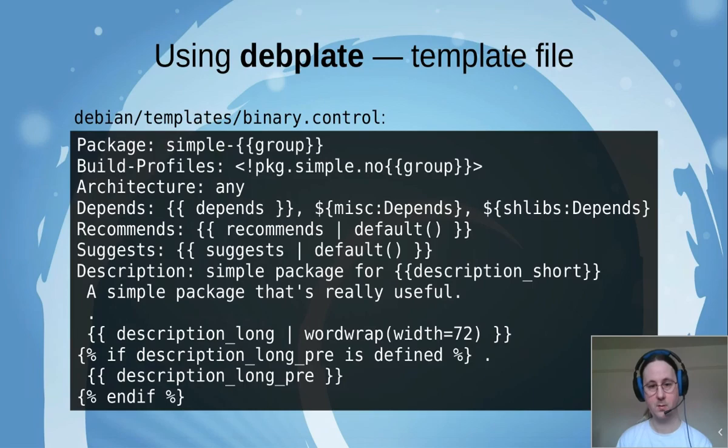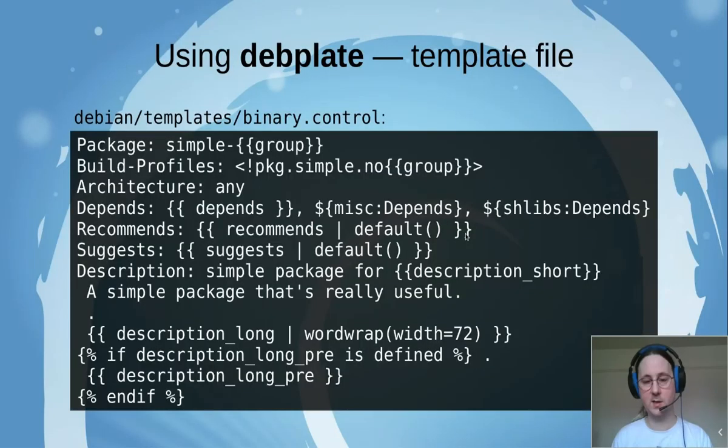The Jinja configuration that I've used makes undefined variables an error, so hopefully if you make a typo, that will be caught, and you need to explicitly provide a default.